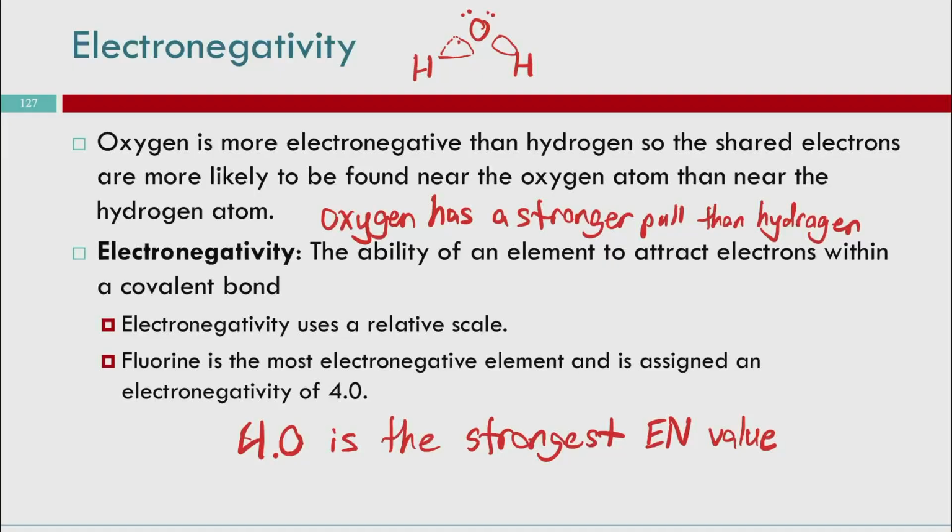Fluorine holds the 4. Nobody else has a 4. Everything else is less than 4. So if any other element gets into a bond with fluorine, fluorine's the big guns of pulling electrons, and so fluorine is going to win that tug of war battle. Those electrons will always be closer to fluorine than they are to the other atom or the other element.